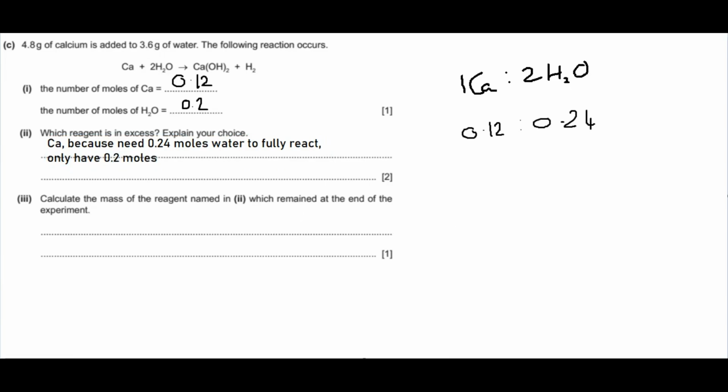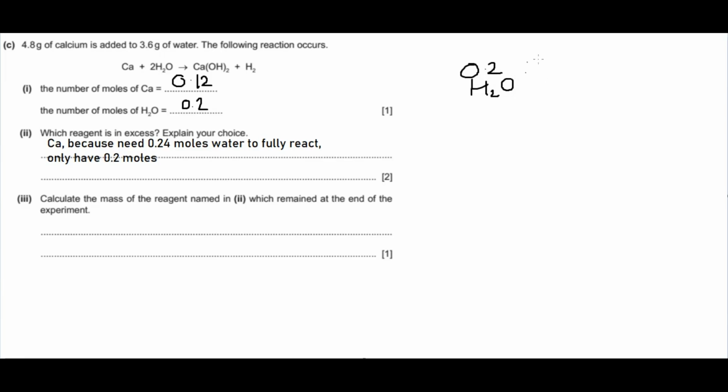Calculate the mass of the reagent named in number 2, which remained at the end of the experiment. So we've already established that we need 0.24 moles of water, but we don't have that, we only have 0.2. So I know that my calcium is in excess. So I'm going to say, okay, I've got 0.2 moles of water, how many moles of calcium will that fully react with?